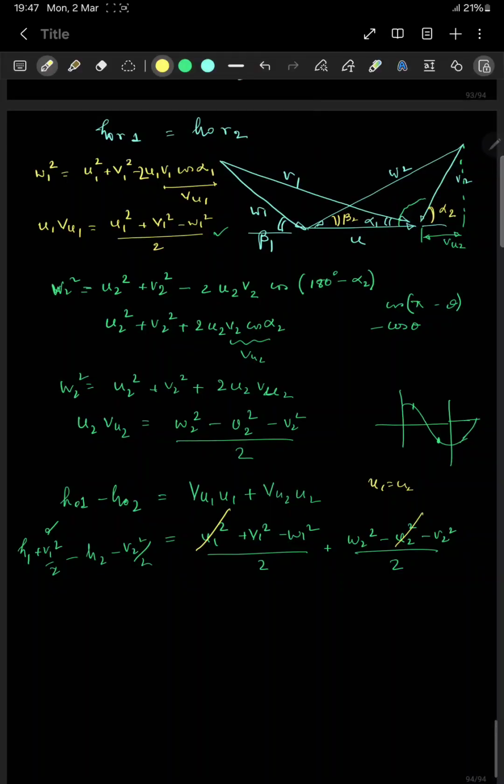Now this v1 square and this v1 square disappear, this v2 square and this v2 square disappear, so h1 plus w1 square by 2 is equal to h2 plus w2 square by 2. Though the derivation is a bit different, the results are the same: h0r1 equals h0r2.